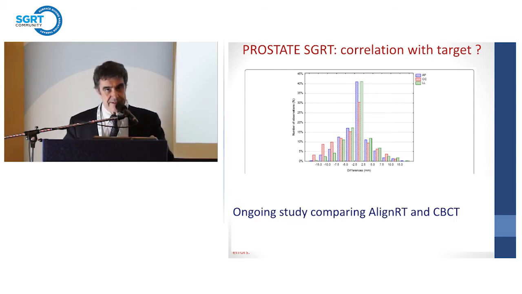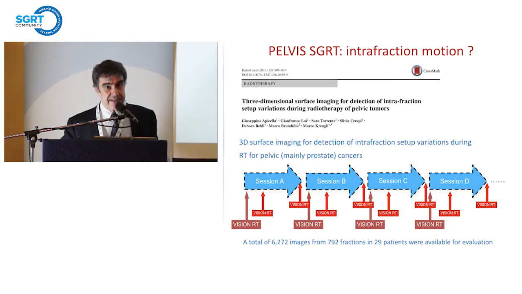We validated this aspect by using the EPID system, but now we are analyzing this data also comparing CBCT. We have not matured enough data about the use of CBCT, but we hope to have this data quite soon.